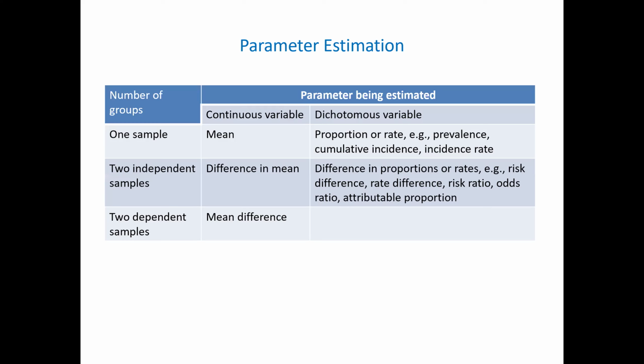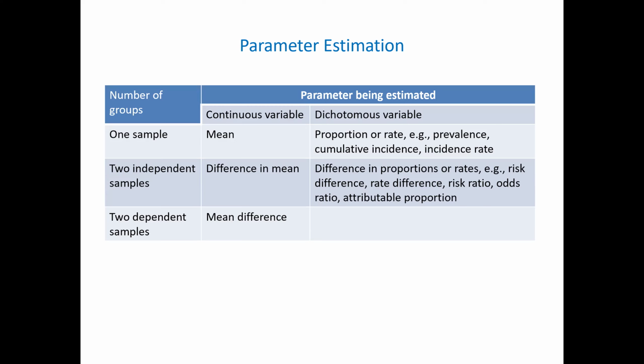And this was just to explain what I just said now, the parameter and the estimate. For a continuous variable, what do you use? The estimate you use for the mean is the mean. If you are dealing with one sample, it's the mean.